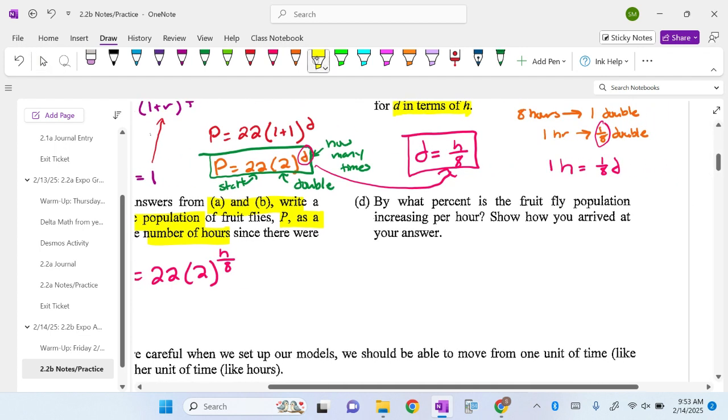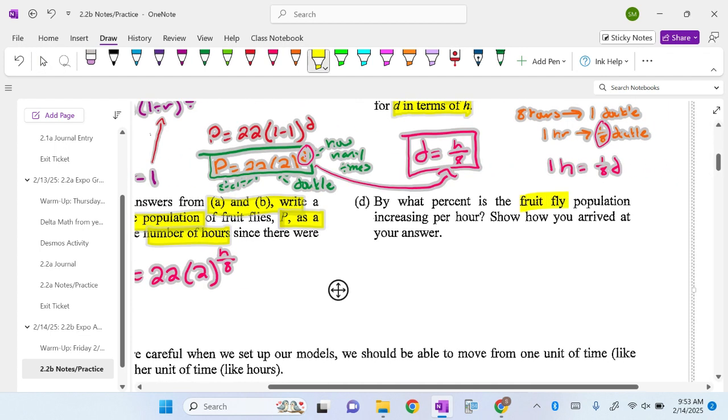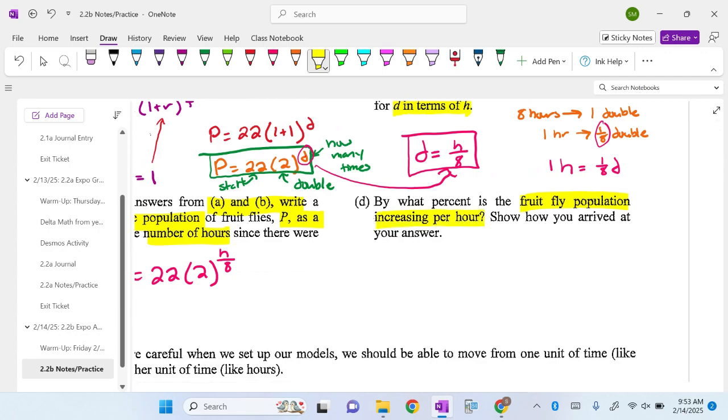Because then it asks, by what percent is the fruit fly population increasing per hour? So we want to know our percent of increase, so per hour.